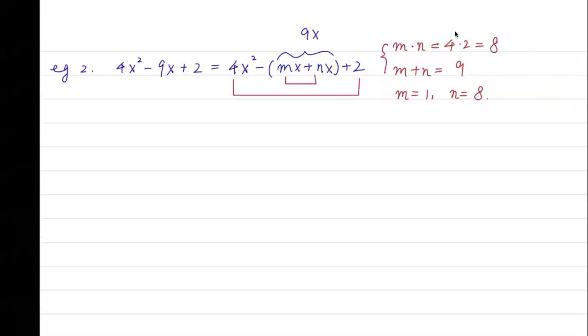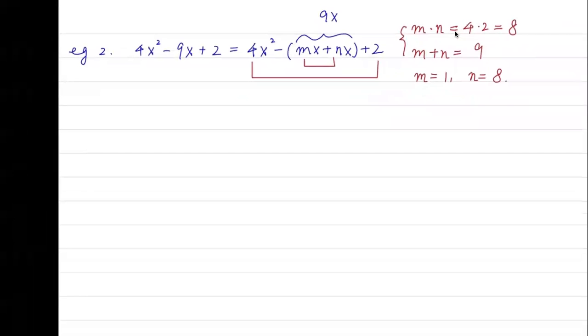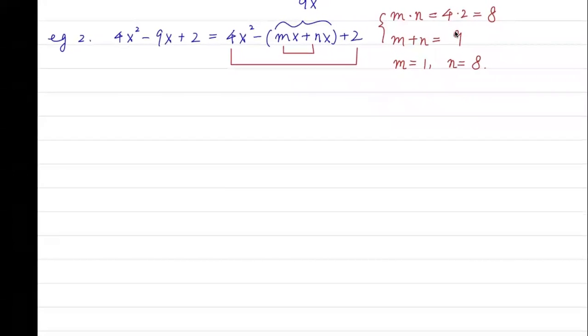So now let's plug in the numbers back into our expression and manipulate it to find our final answer. 4x squared minus 9x plus 2 can be written as 4x squared minus, with m equal to 1, so 1x plus 8x, plus 2.